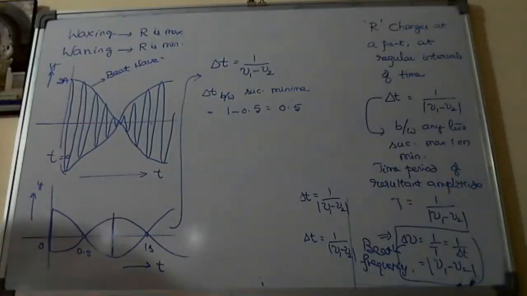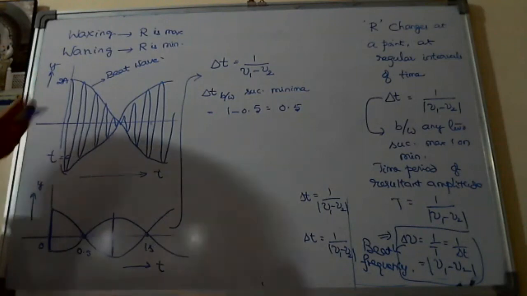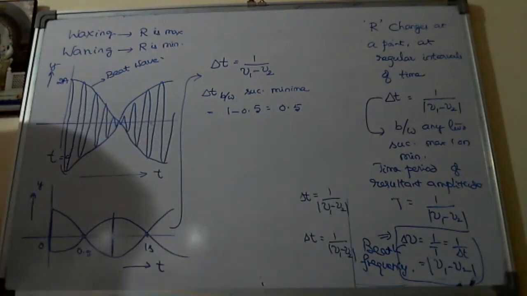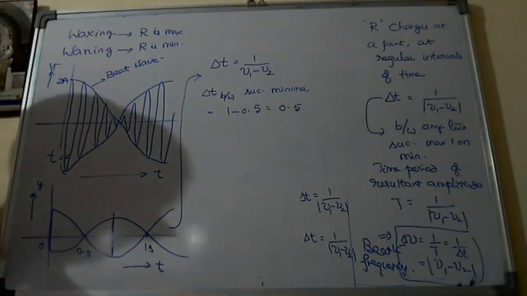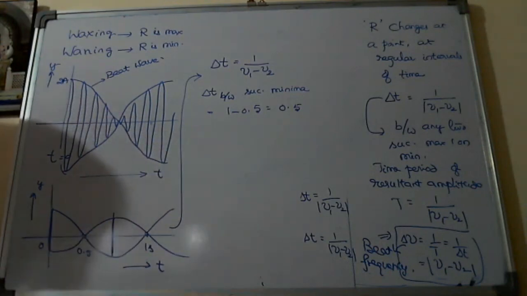You may argue, sir, between any two successive maxima or minima it will be the same, then why are you taking minima only? Then try to split the time intervals.